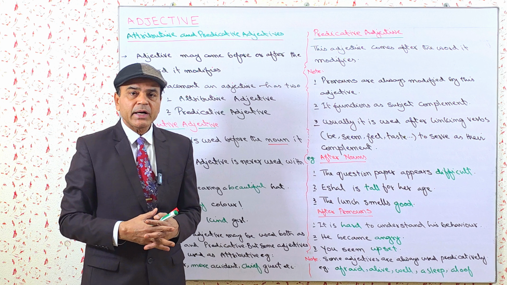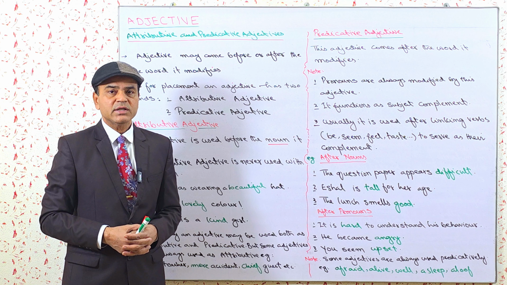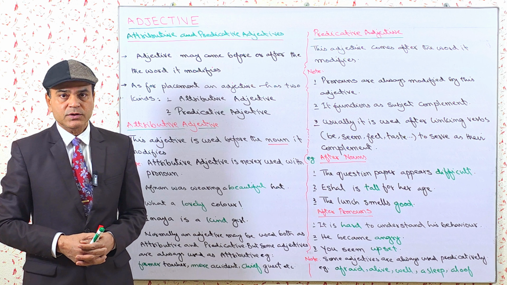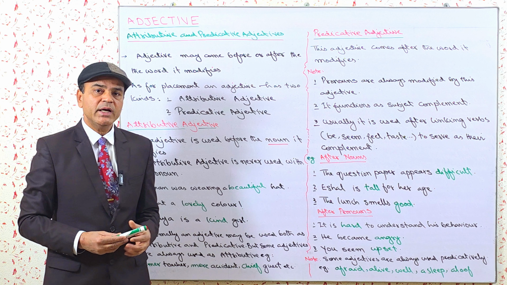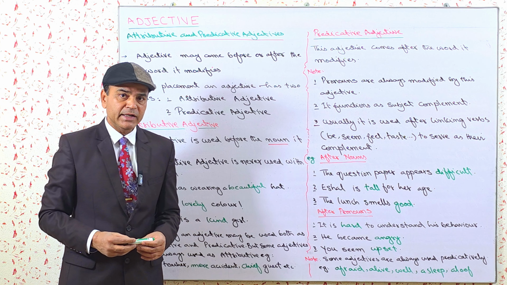Attributive and predicative adjectives are not different from each other in the sense of meaning, but in the sense of their placement. When I say placement, I mean their places in the sentence.